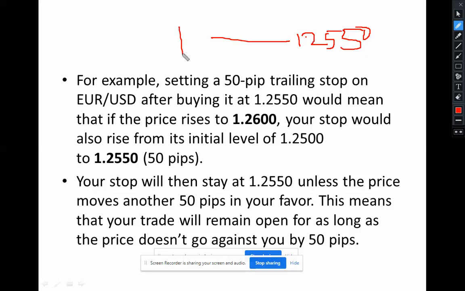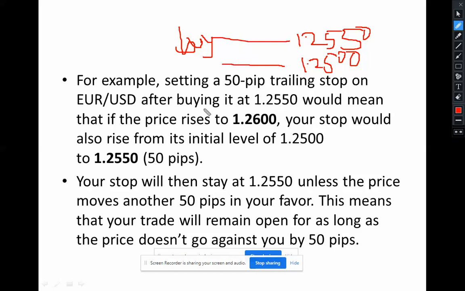This is where you buy. Then your stop loss is 50 pips, that means your stop loss is 1.2500. That is your stop loss, 50 pips.